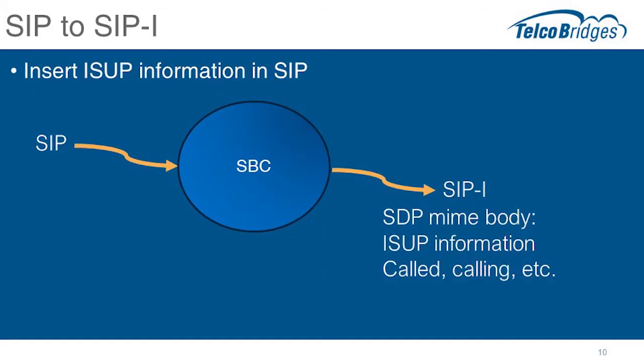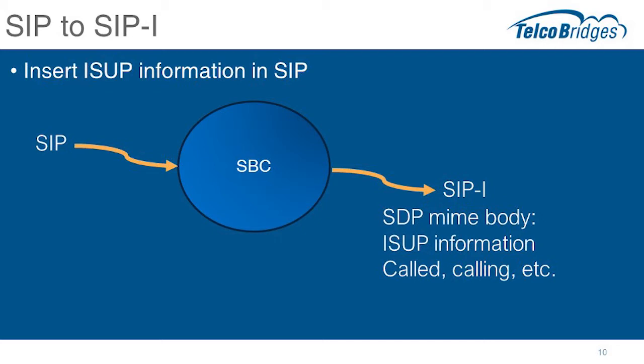The SIP-I information. The SBC can do SIP to SIP-I. This is, let's say, a bit particular. Probably not all SBCs do this. I think the reason we do this is because we come from an SS7 background and we had already implemented SIP-I.